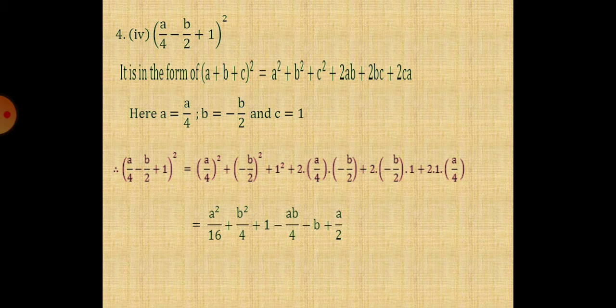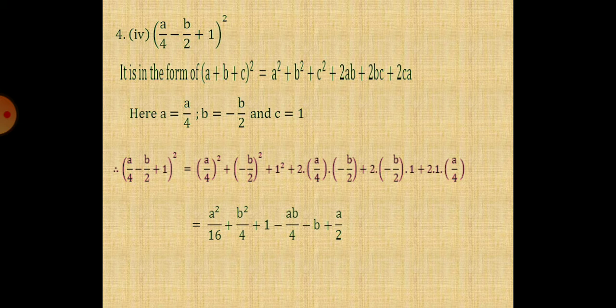Here the first term a is a by 4. Whenever in our formula minus is not there, you have to take the term along with the minus sign. So b is equal to minus b by 2 and c is equal to 1. So a by 4 minus b by 2 plus 1 whole square is equal to, instead of a we will substitute a by 4, instead of b we will substitute minus b by 2, instead of c we will substitute 1 in the formula.